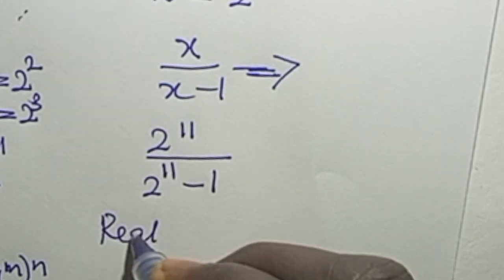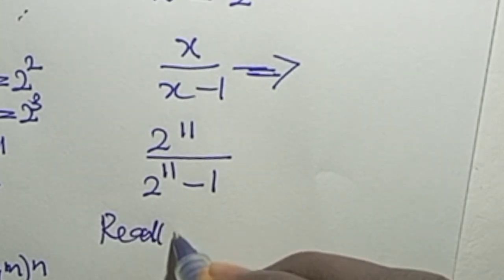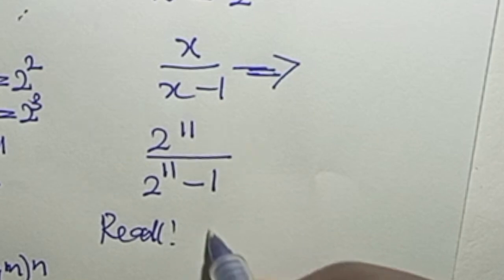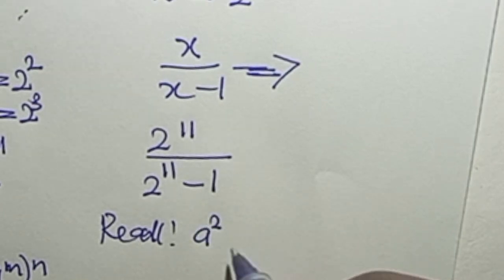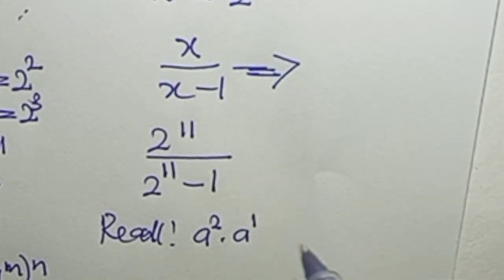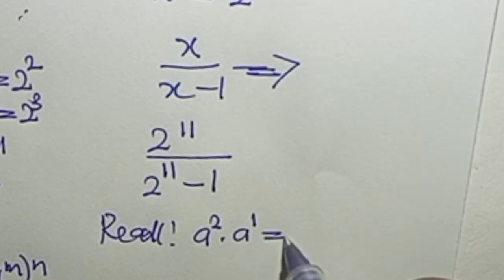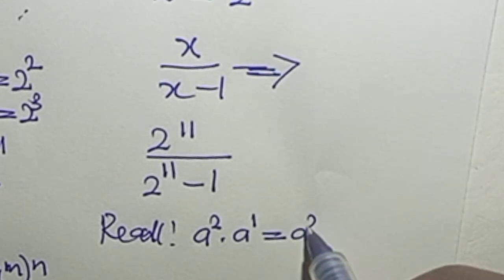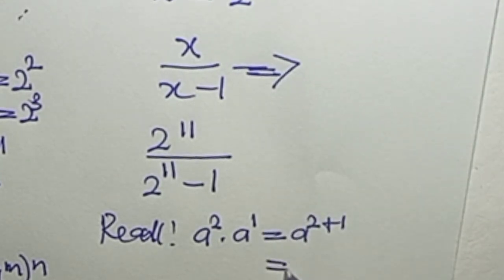Recall that a^2 times a^1 is equal to a^(2+1), which is equal to a^3.